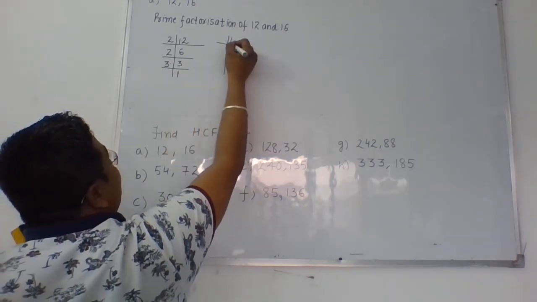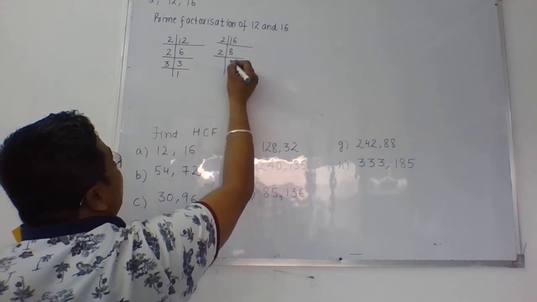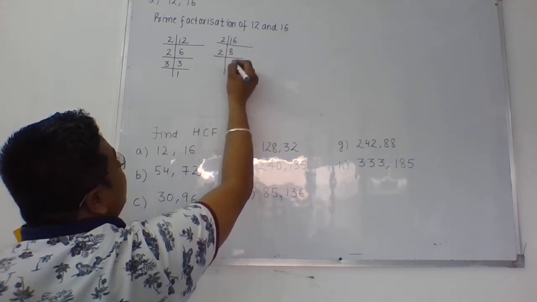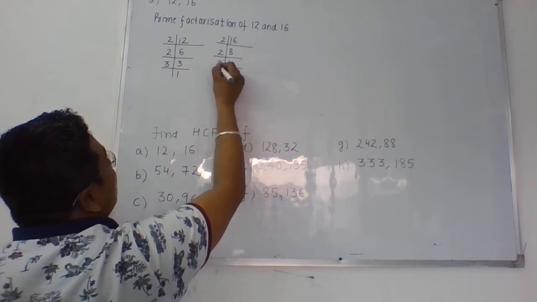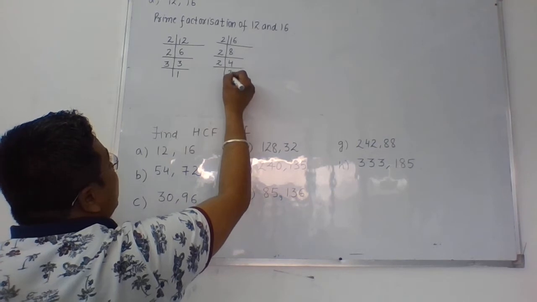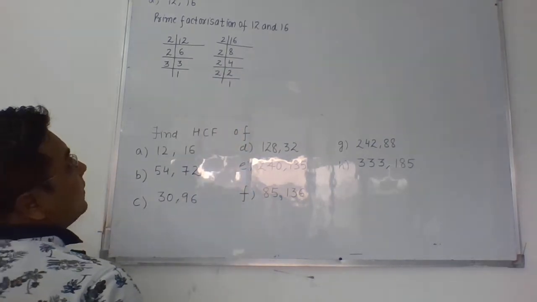Similarly, 16 is divided by 2 gives you 8, and 8 divided by 2 gives you 4, and 4 divided by 2 gives you 2, and 2 further divided by 2 gives you 1.